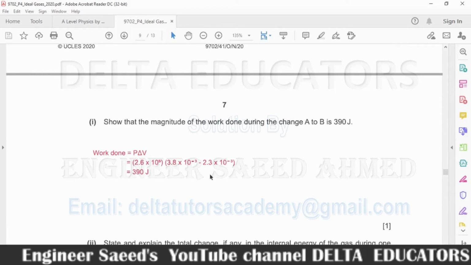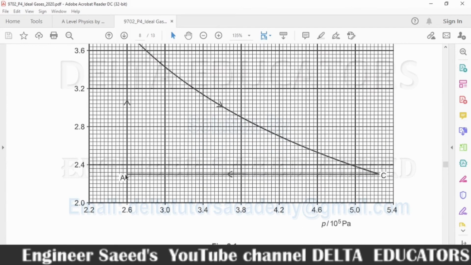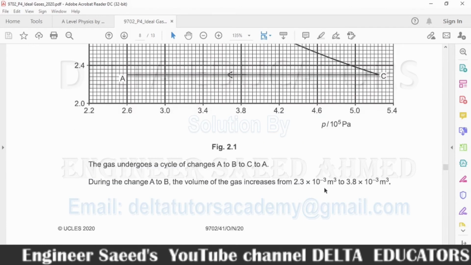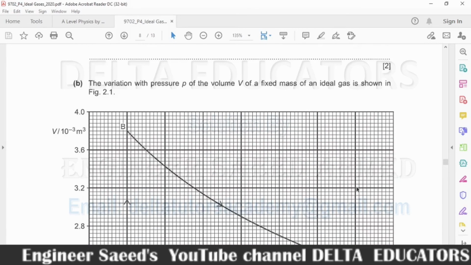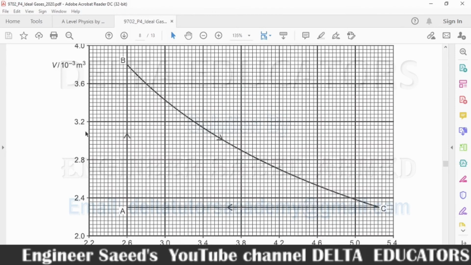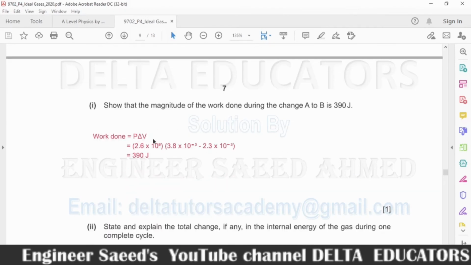Here initial volume is 2.3 into 10 power minus 3 and final volume is 3.8 into 10 power minus 3. So change in volume will be 3.8 into 10 power minus 3 minus 2.3 into 10 power minus 3, and by solving this one we will get the answer 390 joule. So value of work done will be 390 joules.